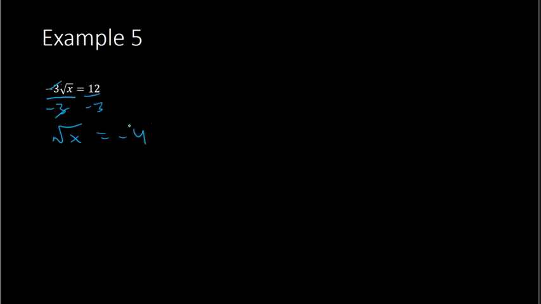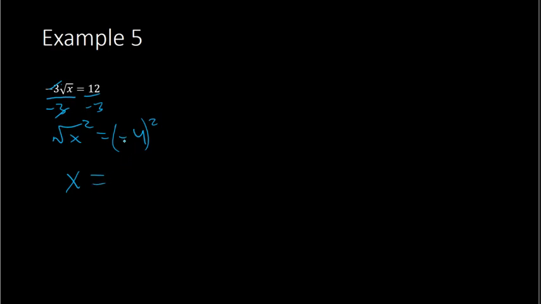So now at this point, I have the radical isolated, which means I can eliminate the radical by doing the inverse. So this says the square root of x equals negative 4. To do the opposite of square root, I have to square both sides. Now when I square the left side, the square and the square root undo each other, and I'm left with an x over here.